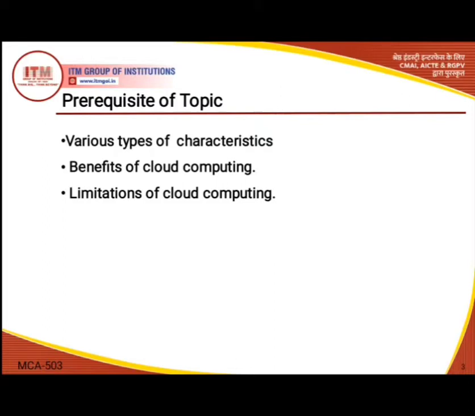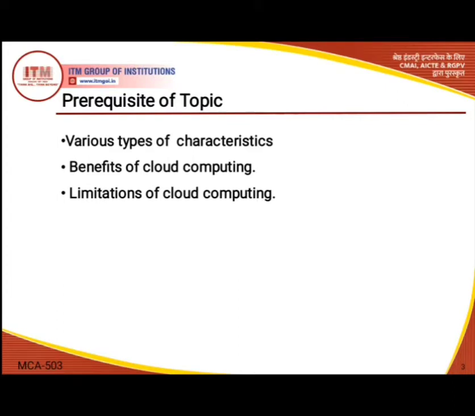It also provides broad network access, which shows the capabilities available over the network and accessed through standard mechanisms. For this purpose, we refer to mobile phones, laptops, and PDAs.